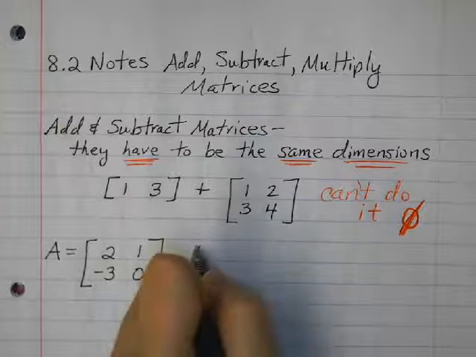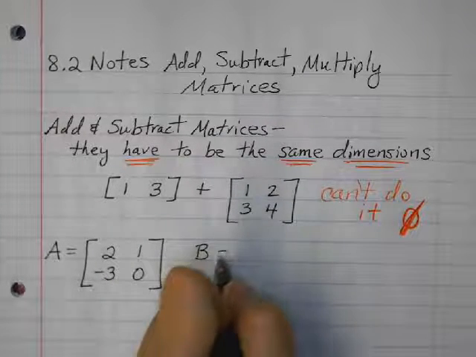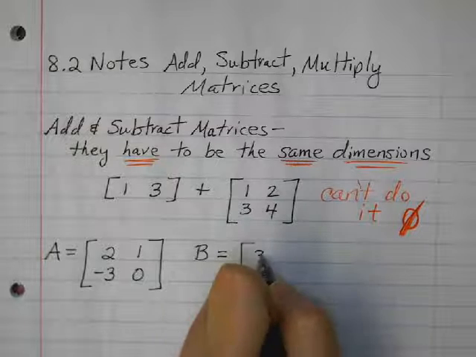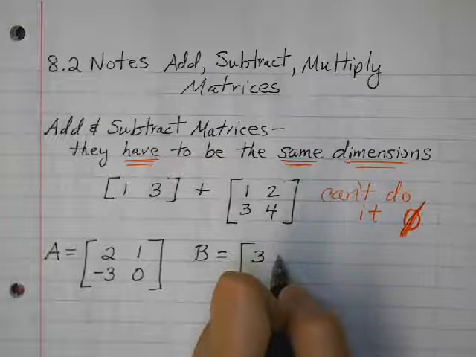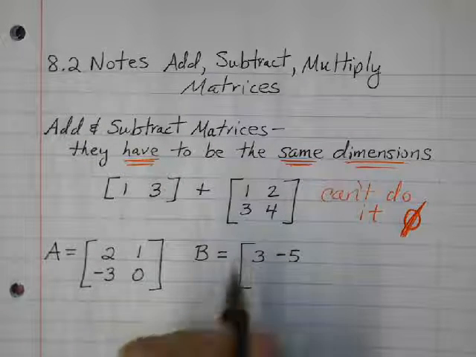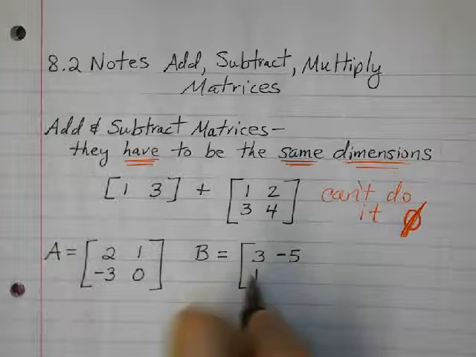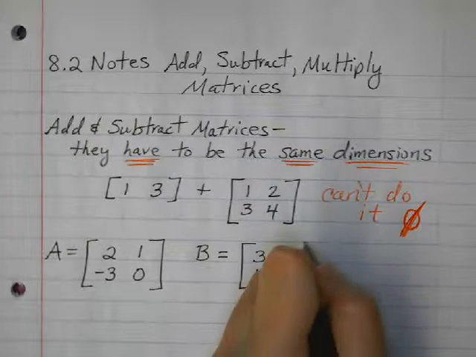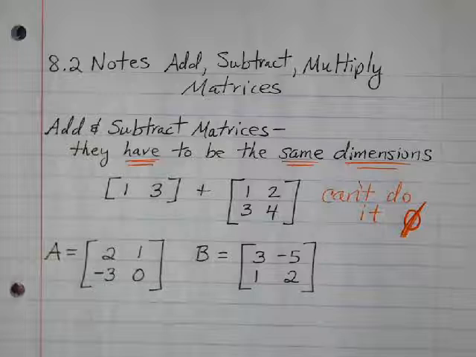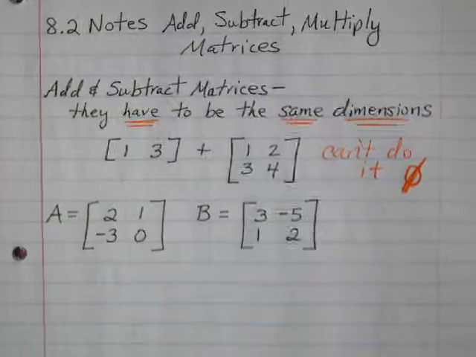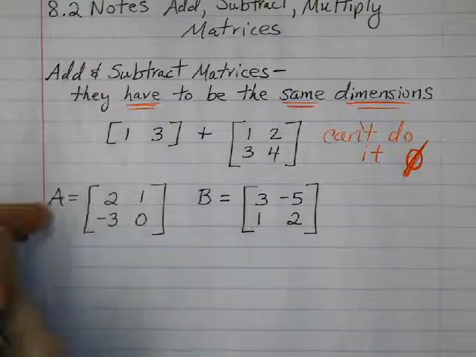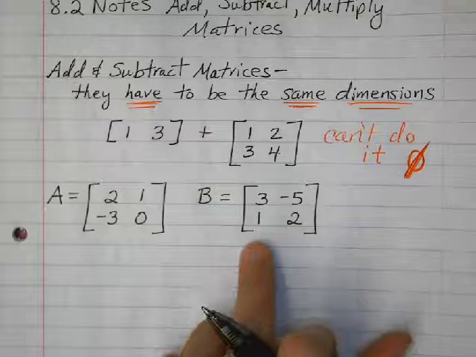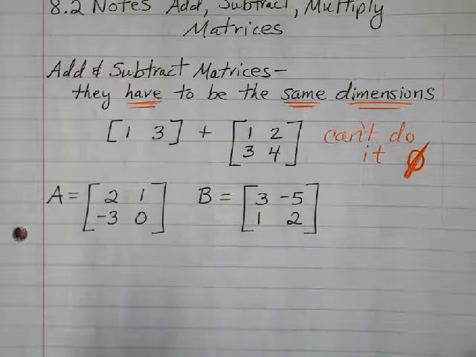And now I'm going to put matrix B equals 3, -5, 1, and a 2. There, that's good. Just a couple numbers here. So this one's called matrix A, and here's another matrix of numbers. This one's called matrix B.